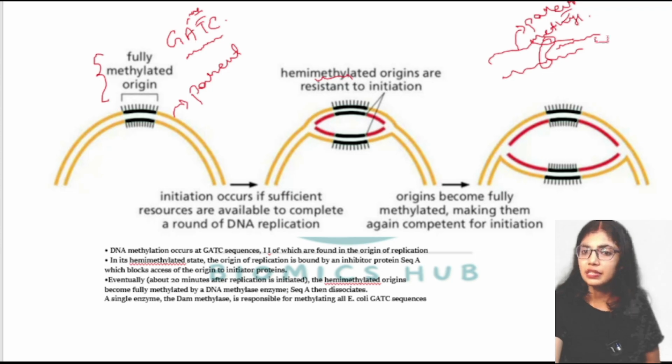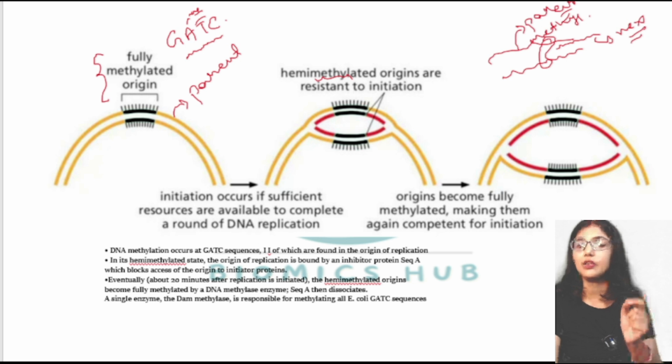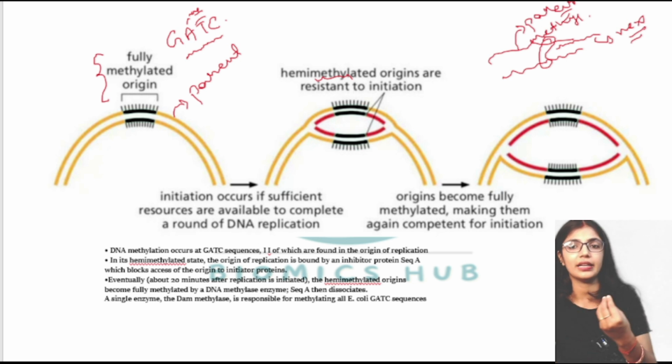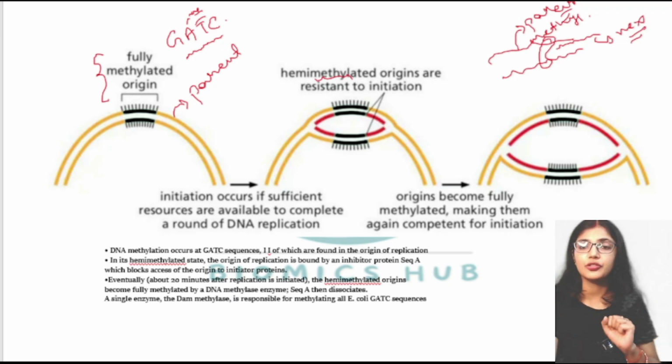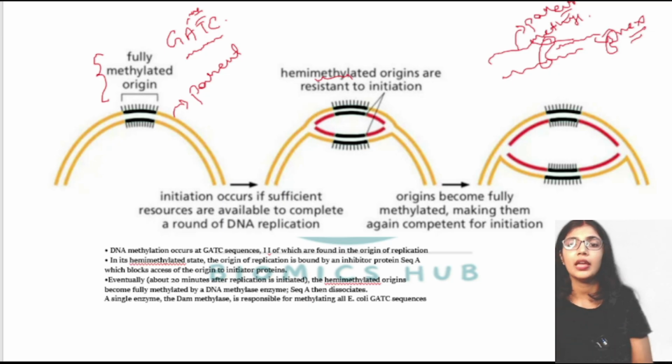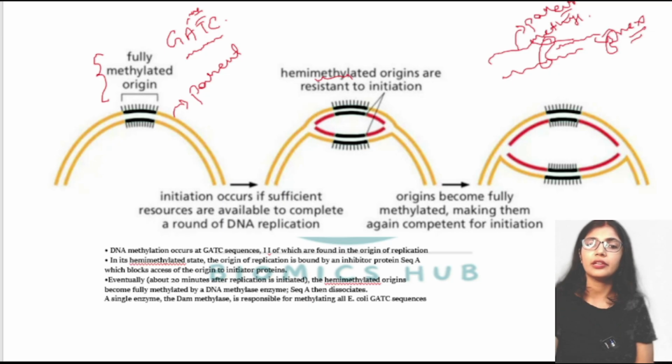But this is the new strand. It is not methylated. It is hemimethylated, like some portions are methylated, but the whole DNA is not, so DNA replication cannot take place here with the help of the enzyme. So this is the basic difference between hemimethylation and methylation.